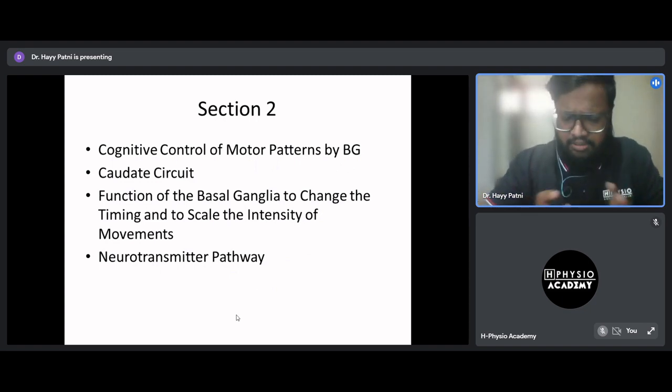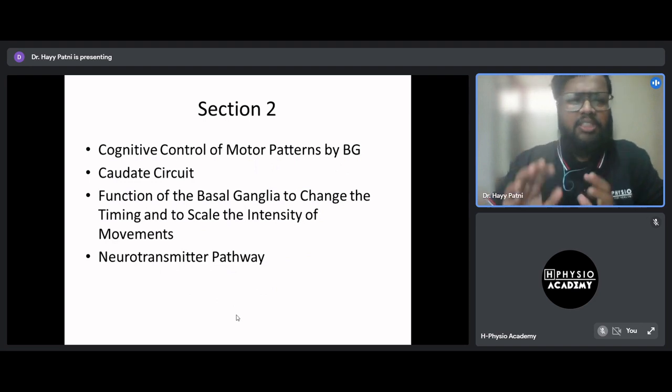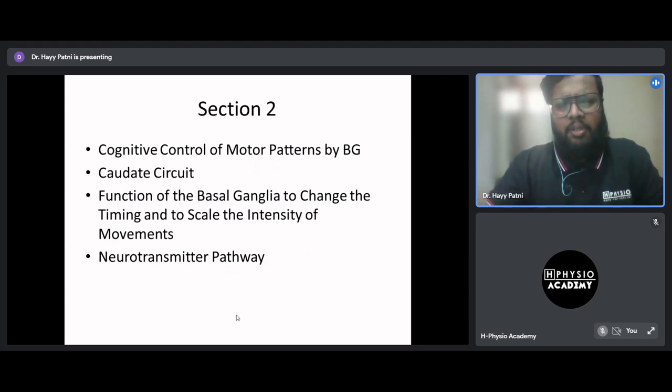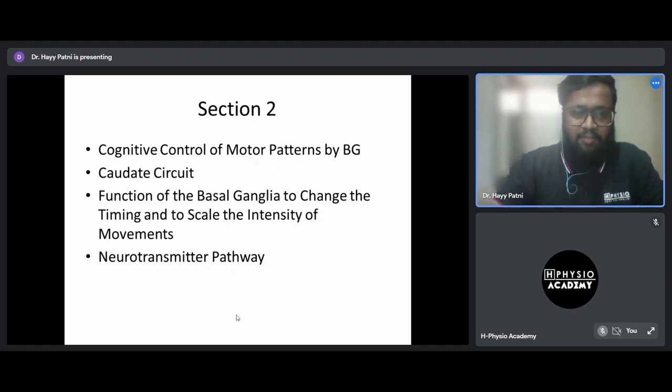For that, we have some small exercise planned with you guys. And lastly, we'll be seeing the different neurotransmitters, and how they are active in all this complex circuitry of the basal ganglia itself.